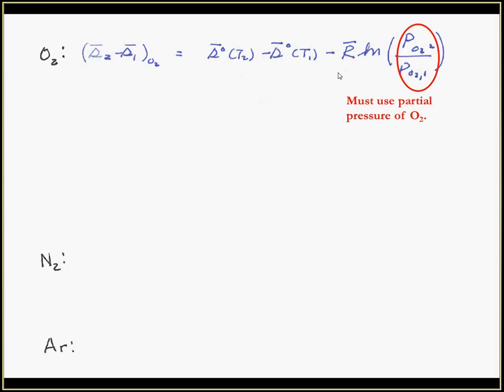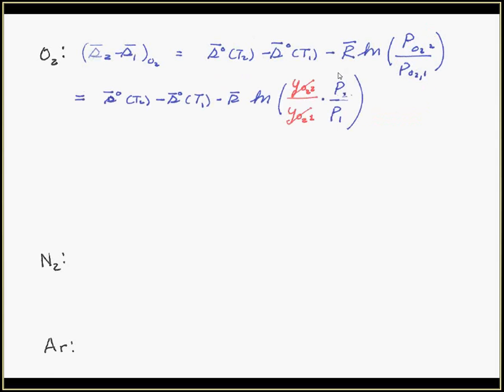So in order to make this work, I have to use the partial pressures, which means I multiply the total pressure by the mole fraction of the oxygen. In this problem, if you didn't do that, you would have lucked out, because at state point 2 and state point 1, the mole fractions of oxygen are exactly the same. It hasn't changed. But that's not always true. My mixture composition can change, like in mixing problems, or in open system problems also. Okay? So important point, must use the partial pressures.